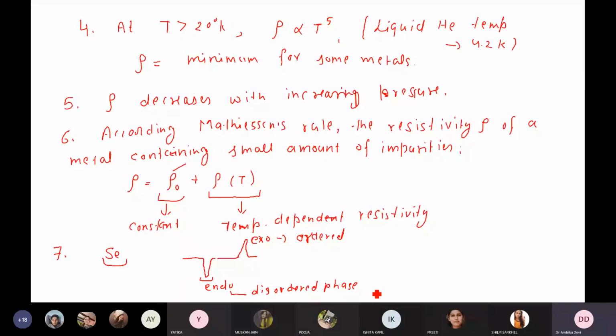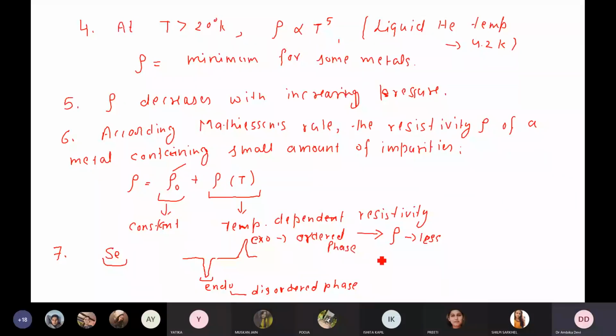If you talk about the resistivity, whether it is higher in the ordered phase or disordered phase, I will say that the resistivity value is less in the ordered phase.